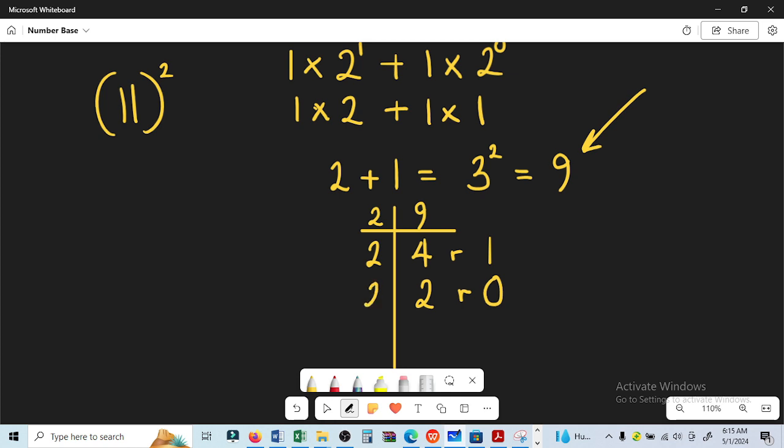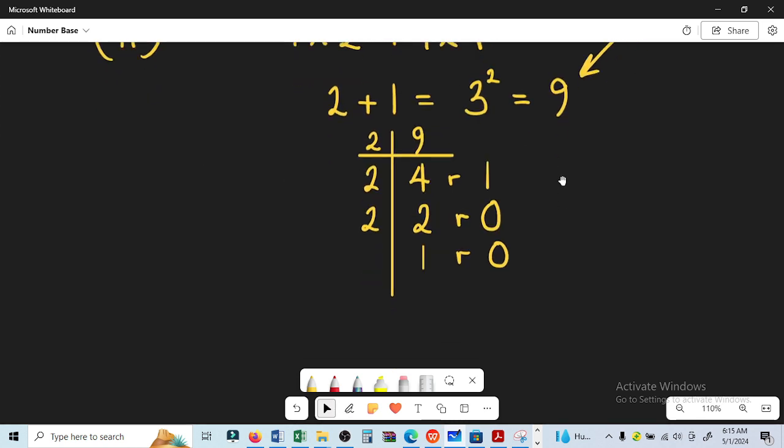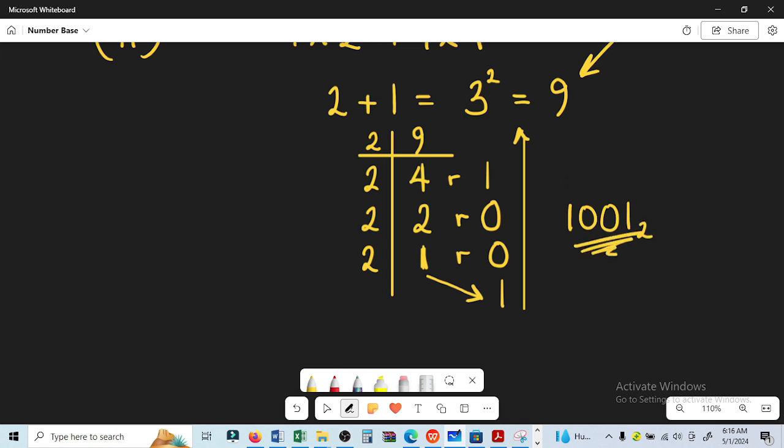Now 2 in 2 is going to give us 1, another perfect one, remainder 0. Aha, so once we get here, 2 in 1, is it possible? No. So once it is not possible, we drop the 1 and then we read from bottom up. So this is 1001 to base 2. So this is the final answer. So I will see you in the next video.